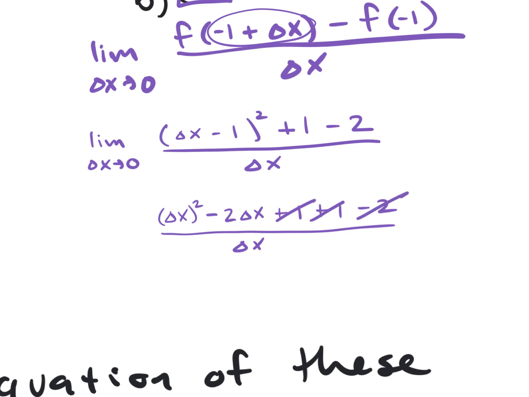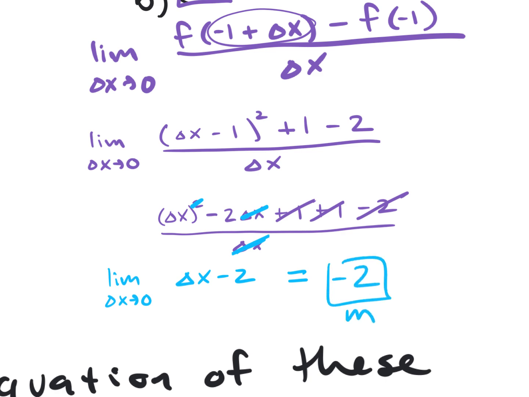Anything else? The dx, I can take away a dx from each term on top since they both have dx's in it. So I'm going to take away 1 from the dx squared and a dx here. So we're left with dx minus 2. So the limit as dx approaches 0 of dx minus 2 would be what? -2. So -2 is our slope.